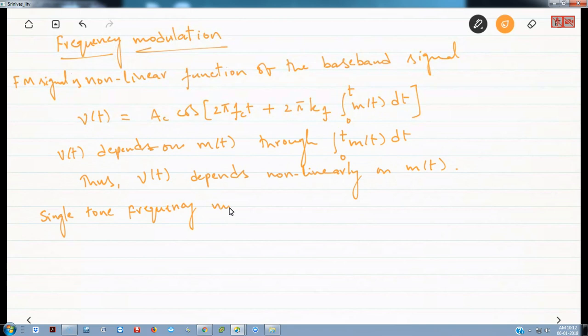So let's consider single tone frequency modulation.